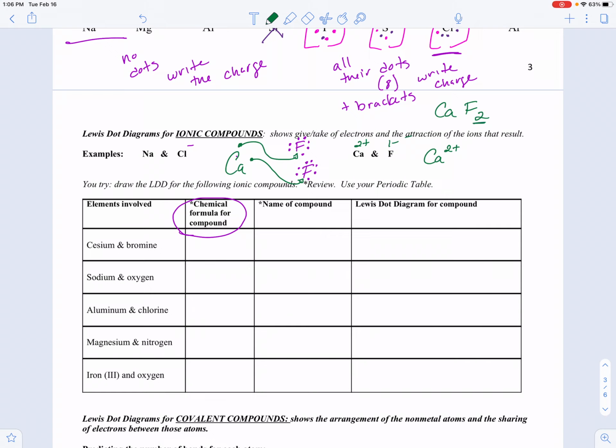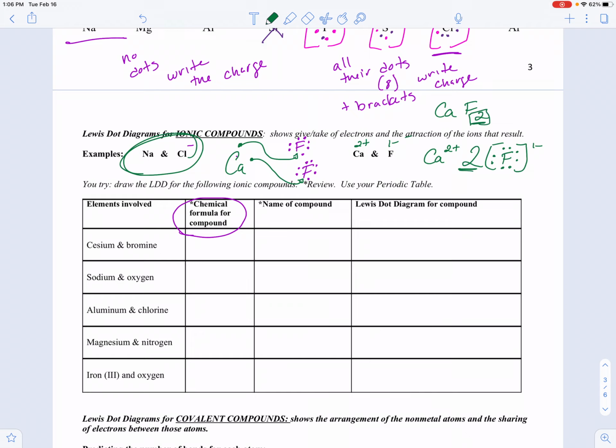This is where it's tricky, right? Because this one over here, you only had 1 of each. So what we're going to say is we have 2 fluorides that now have full valence shells, and they have a 1- charge. So we're going to throw that 2 in there to represent that 2 subscript.